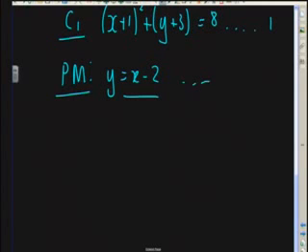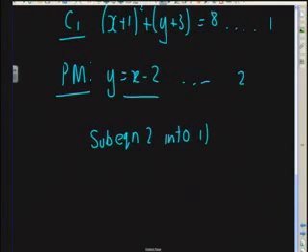I can call the equation of line PM equation 2, and I can say substitute equation 2 into equation 1. Now remember, from equation 2, we've got y = x − 2.